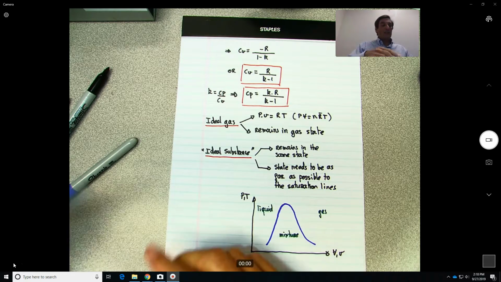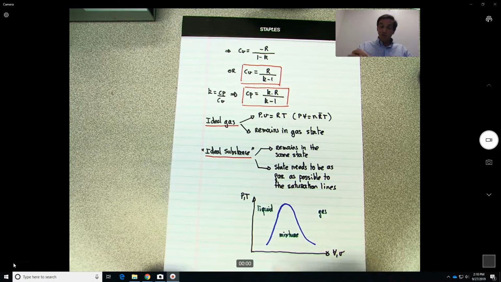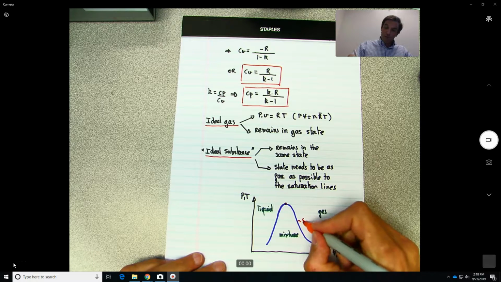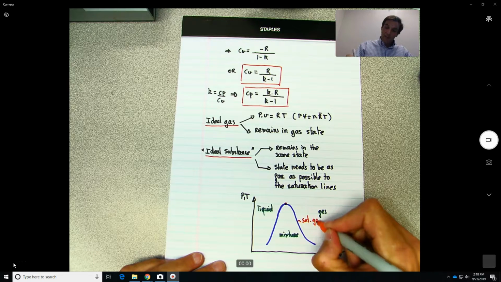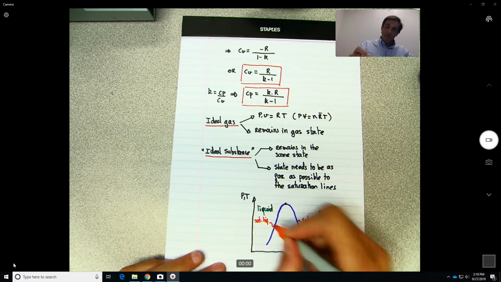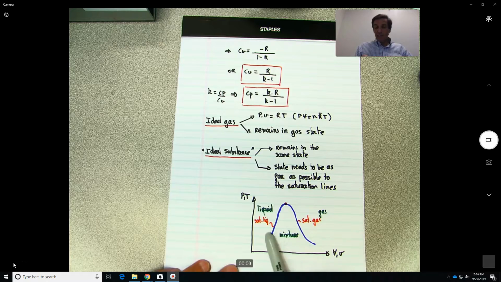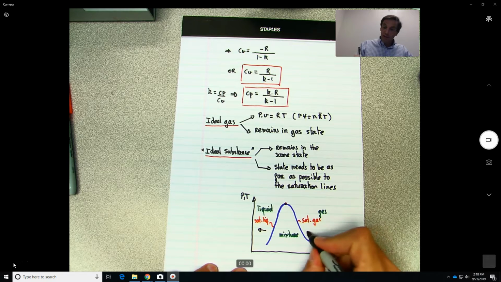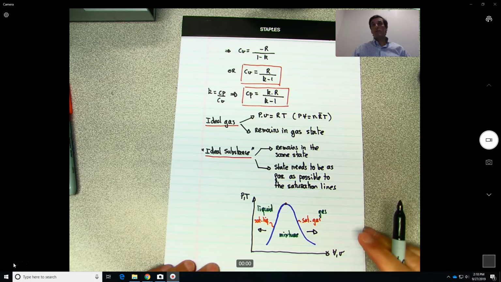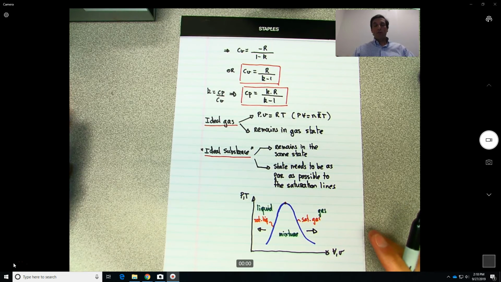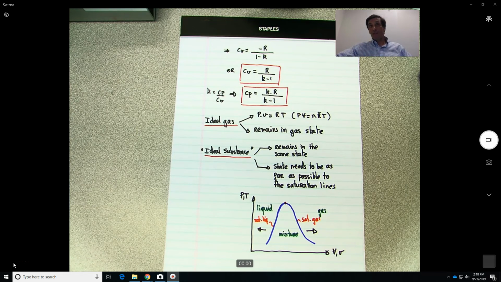What I'm trying to say is that if the state is really close to these lines, the saturation lines, so this side was saturated gas, saturated liquid, if the state is very close to this line, the assumption is not going to be that good. But if we move far away from the saturation line, then the assumption becomes better and better. Okay? So this will be all for this video. Thank you for your attention.